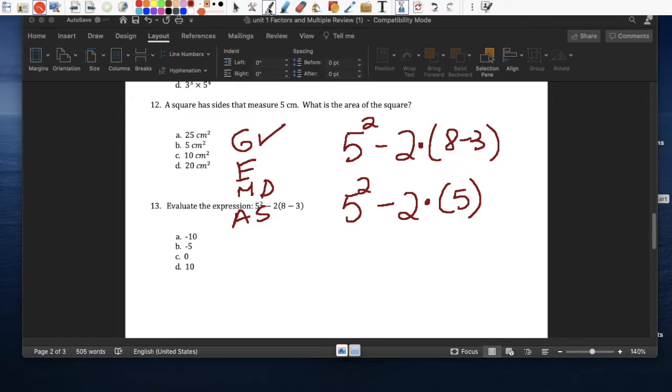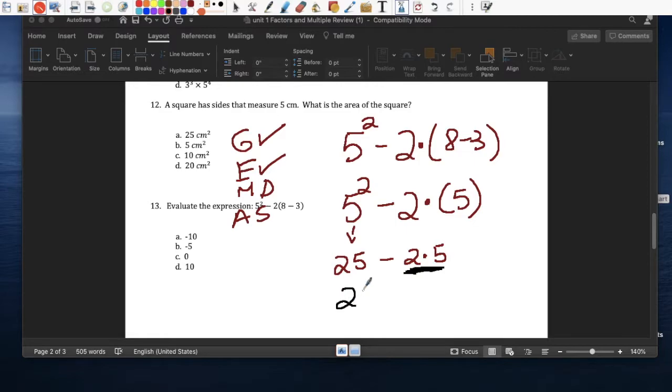Exponents? Yes, there is. You can see it right here. 5 to the 2nd power is 5 times 5. So this I'm going to change to 25 minus 2 times, and you can take the parentheses out now. Just write 5. So exponents is gone. Now, do you see any multiplication or division? Yes, you should. So we're going to do this first, because that's multiplication, and that comes before subtraction.